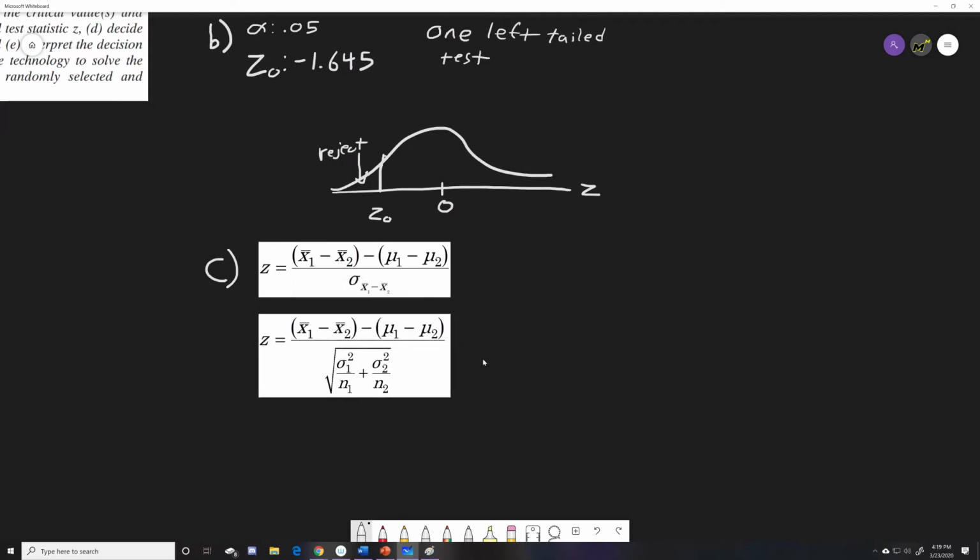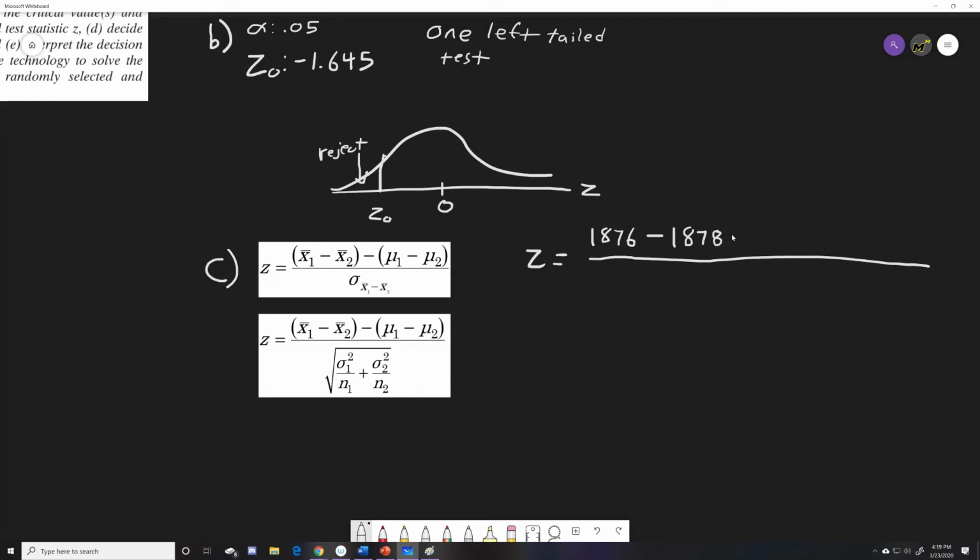And so, plugging in the numbers from our example, they told us that the sample of people under 25 spent $1,876, and the people from ages 65 to 74 spent $1,878 in the restaurant.